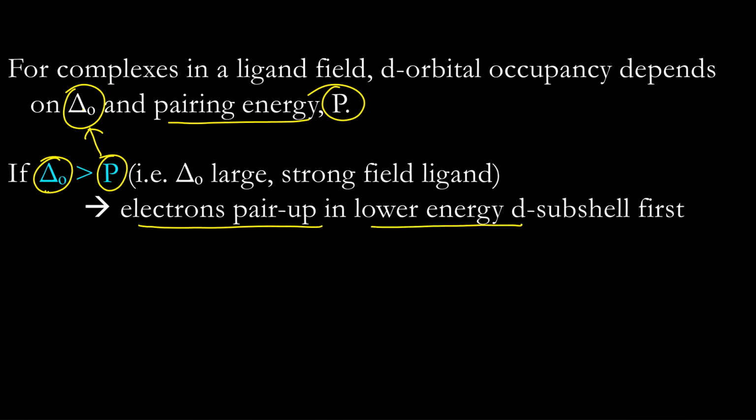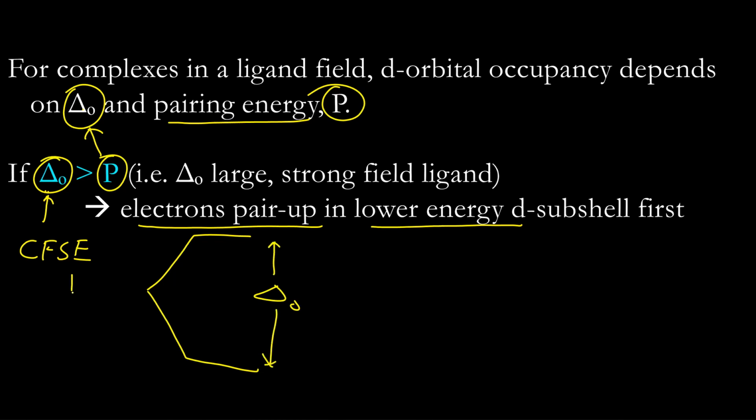The only difference, as I said earlier also, is in the terms of T2G and EG. Otherwise the concept is very much similar. We are still saying that if it is a strong field ligand, pairing will take place. But here we are saying that if it is a strong field ligand, then its CFSE, crystal field splitting energy, means this energy difference, delta naught, is greater than the energy required for pairing.